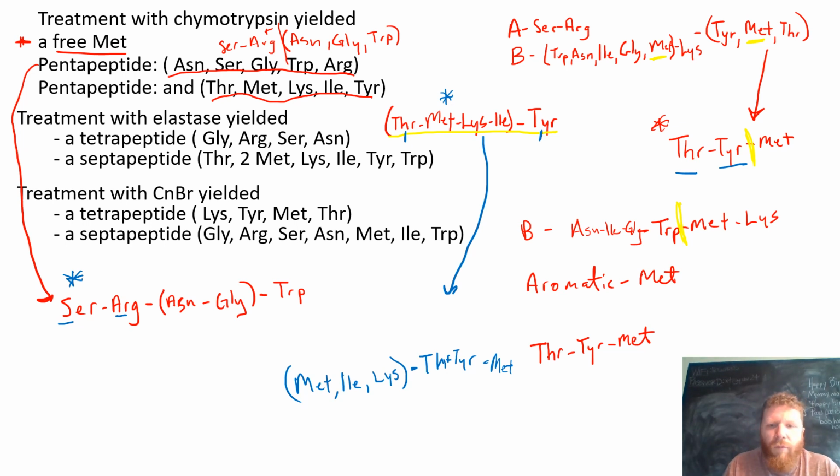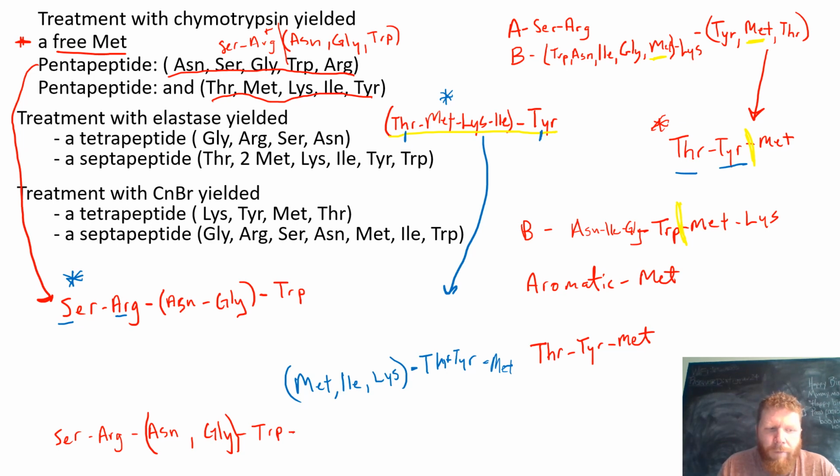So now, if we want to rewrite all of this, here's what we have. SER, ARG, asparagine, glycine, TRP. I'm sorry, I need to put these in parentheses and separate them by a comma because we don't know if it's asparagine followed by glycine or glycine followed by asparagine.